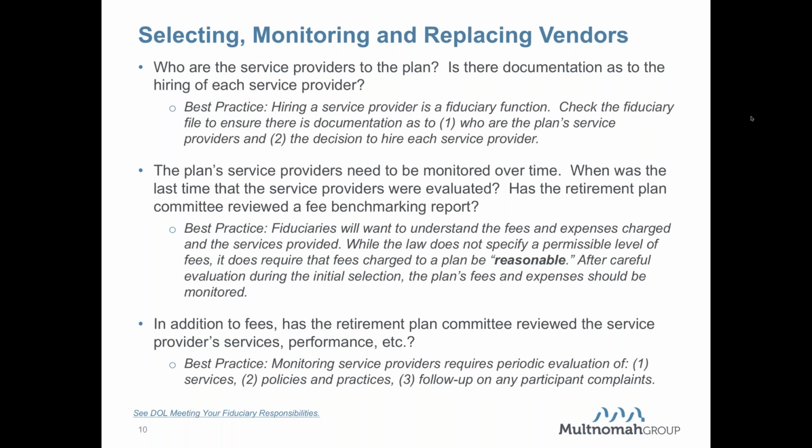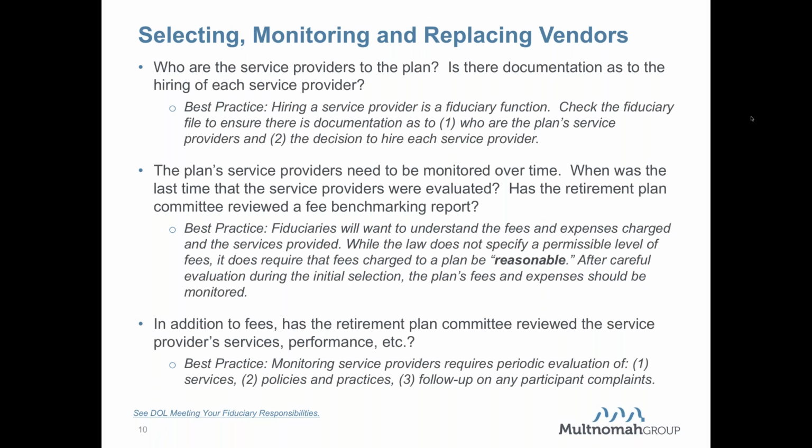So the department suggests that you look at things like the services of that service provider, the policies and the practices of the service provider, and any participant or beneficiary complaints about that service provider and how those were handled. So what are some examples of that? Perhaps you have a service provider with the cheapest fees in the business.